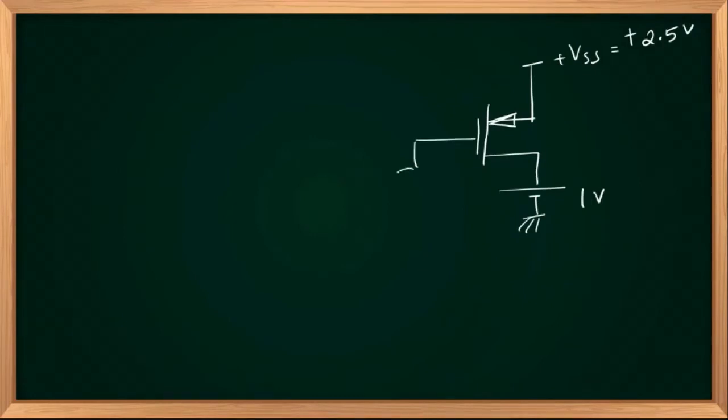Input is, as earlier, Vx. VT, it is a P-channel MOSFET, so VT should be negative, minus 0.5 volts. Question is quite simple.